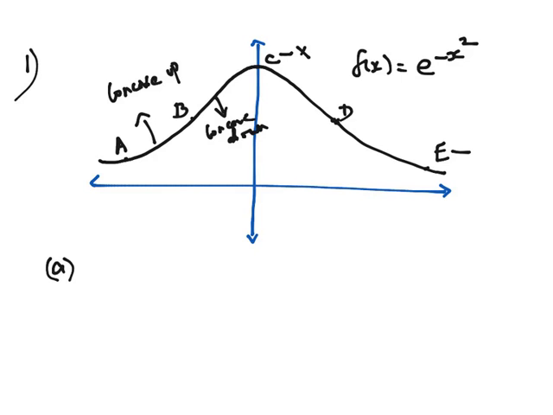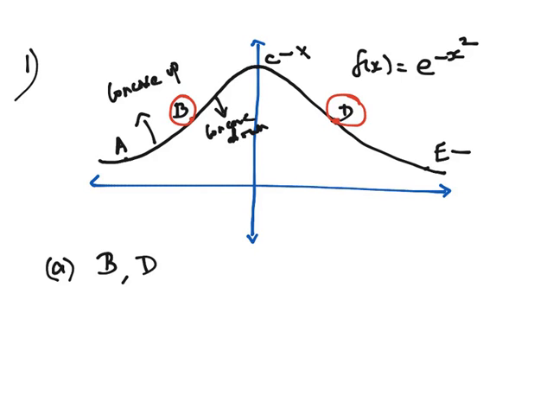So definitely B is a point of inflection. So one point is B and another point is D. So this is the answer. These two are the points of inflection, and definitely they are non-stationary points of inflection. It's very obvious. If you draw tangents at B and D, they won't be parallel to the x-axis. So B and D are actually non-stationary points of inflection.